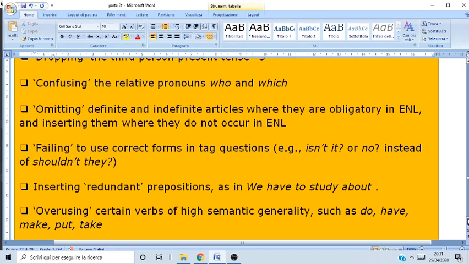Or the opposite, adding them in when they do not occur in English. Imagine all the situations in which Italians put definite articles in English where they're not supposed to. Okay, I like the pizza. That's something that could happen in English when it's used as a lingua franca.